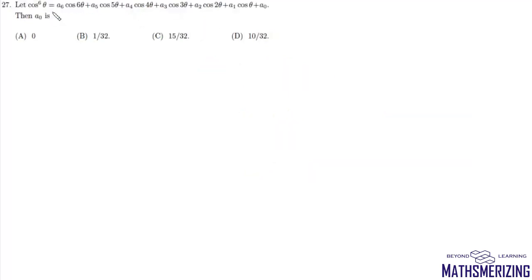Now question number 27 is, we need to express cos to the power 6 theta in terms of cos 6 theta, 5 theta, 4 theta, 3 theta, 2 theta, theta, and a constant term. We need to find this constant term. Now we know that we can write cos to the power 6 theta as 1 by 16 into (4 cos cube theta) whole square.